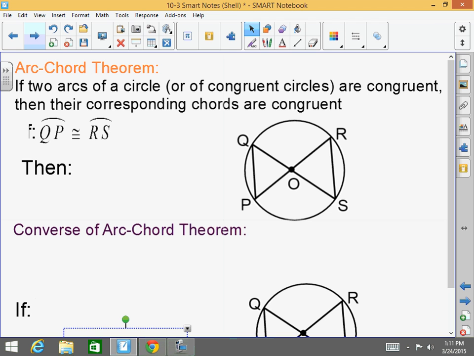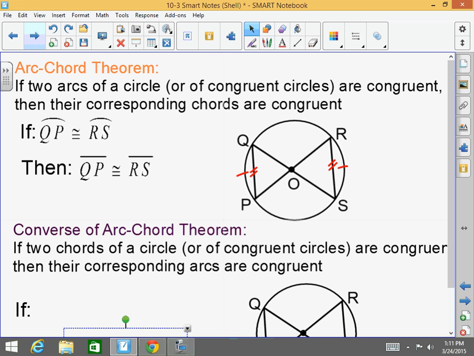So if arc QP is congruent to arc RS, then chord QP will be congruent to chord RS, and vice versa.